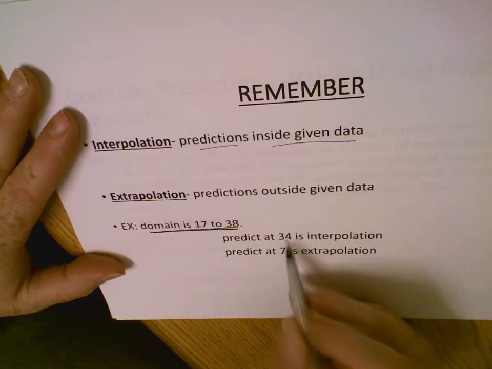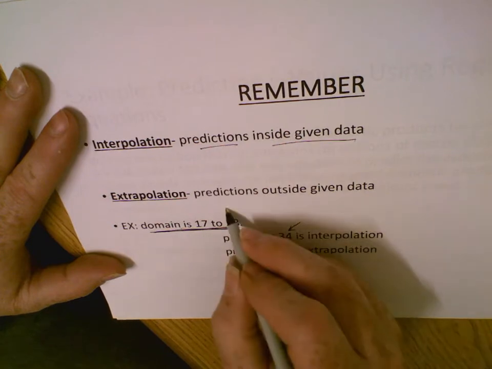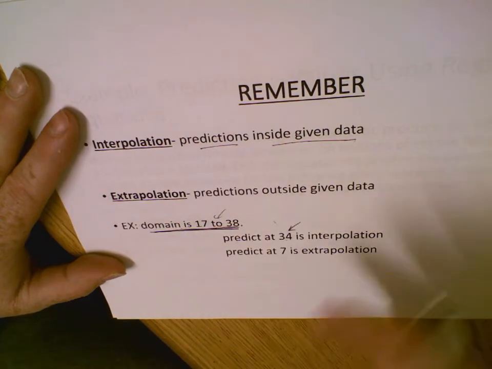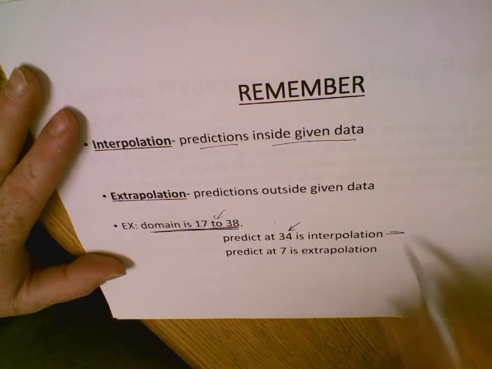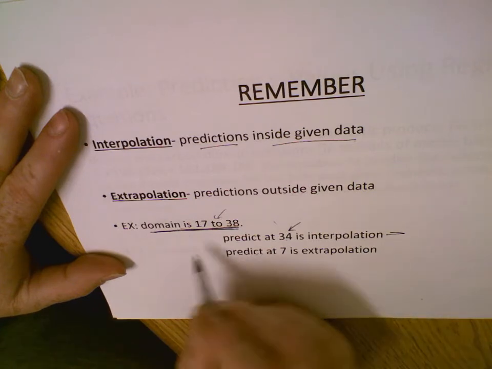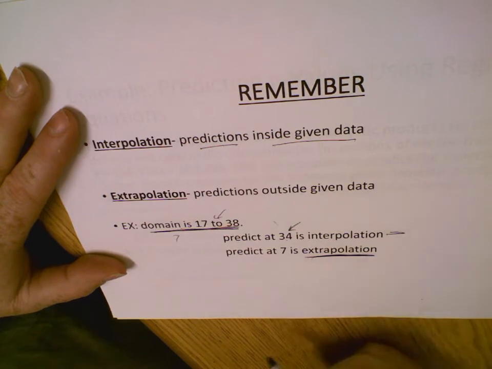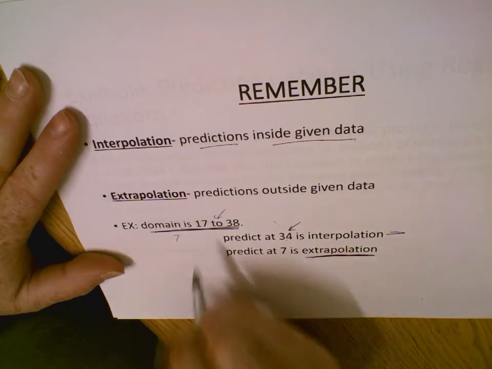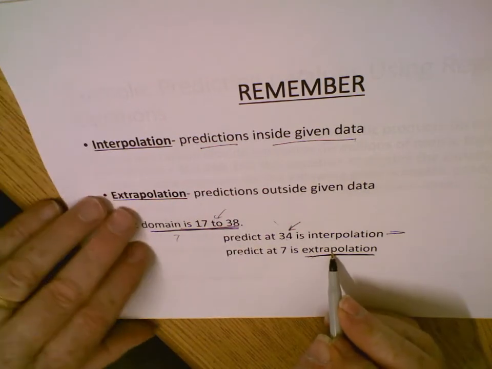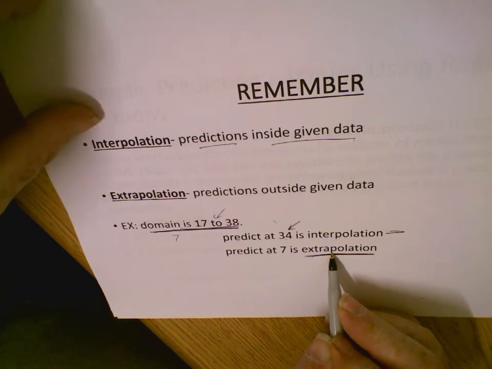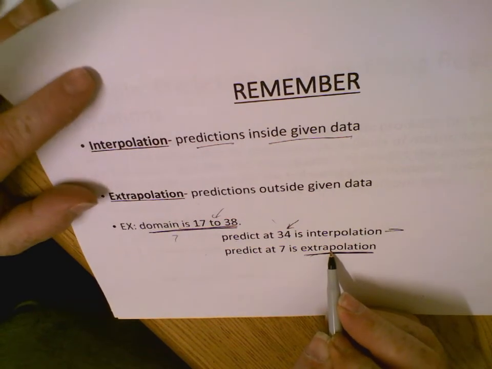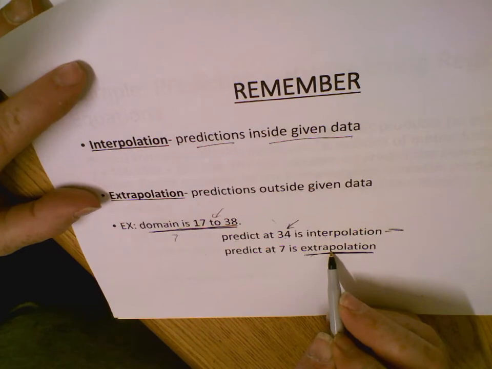If I'm predicting for 34, well, that's inside there somewhere, so that's called interpolation. If we were predicting for the number 7, which is outside, it's called extrapolation. 7 doesn't fall in between there, so it's extrapolation. Again, extrapolation is not always the best way to predict something.